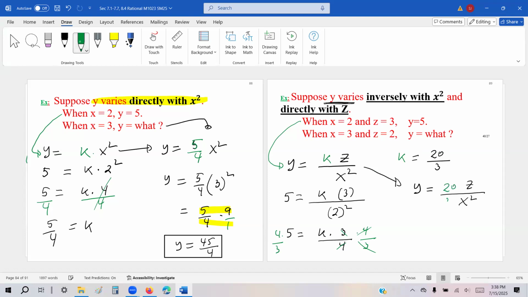Top goes on the top, bottom goes on the bottom. You can do both together or you can do it step by step. Same answer.